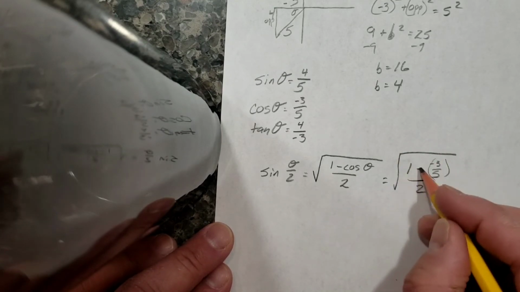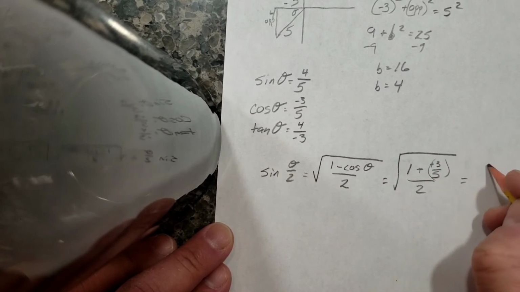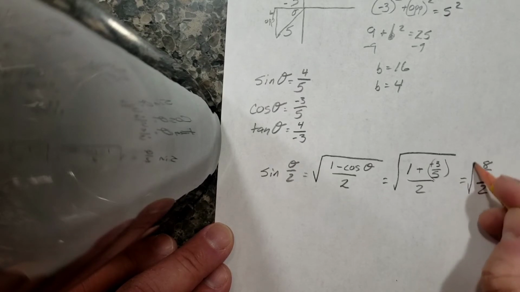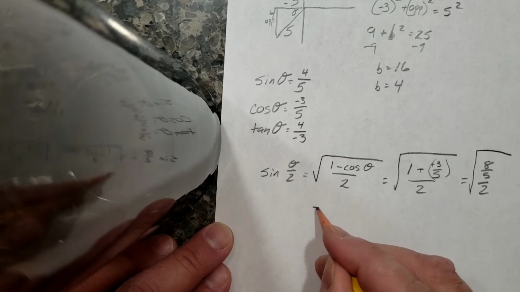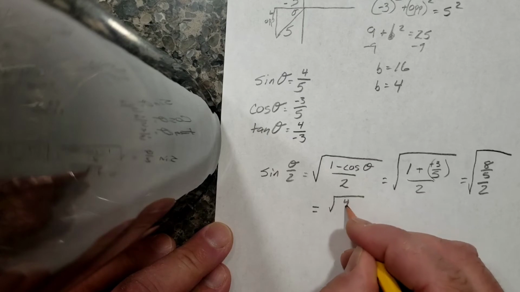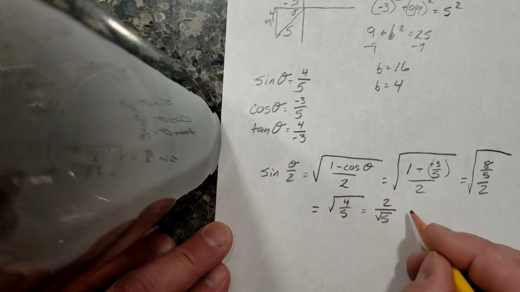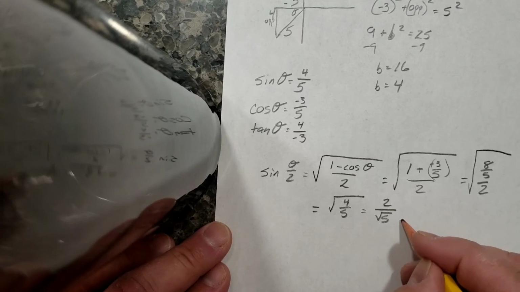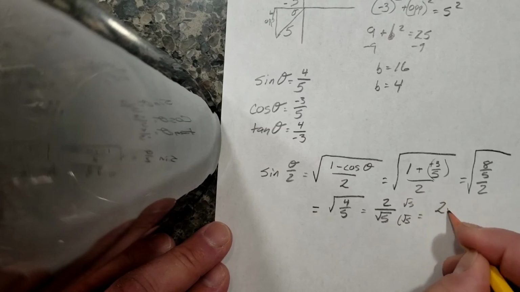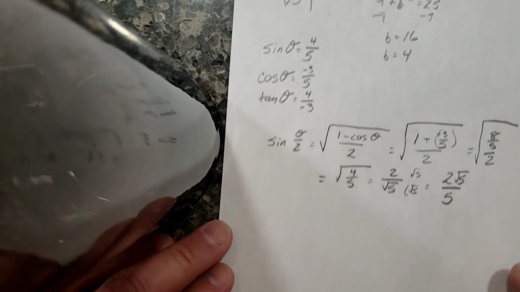Same change. 1 plus 3/5 gives you 8/5 over 2. That's under the radical. 8/5 divided by 2 is radical 4/5, which gives you 2 over radical 5. Rationalizing your denominator, multiplying both of these by radical 5 gives you 2 radical 5 over 5. That is your exact value.